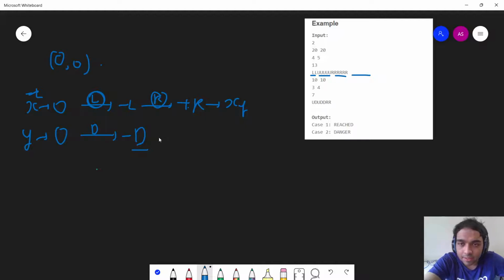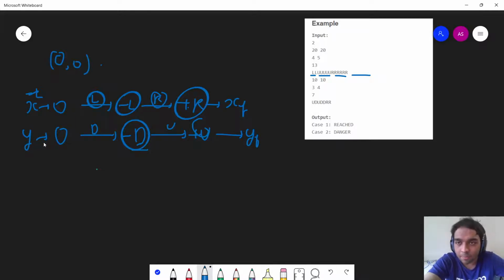And similarly, for whatever up coordinates that we have, it will be treated as plus u, and then I'll have my final coordinate for yf. So I simply have to subtract the L and D coordinate from x and y respectively and add R and U to x and y respectively in order to get our final position.